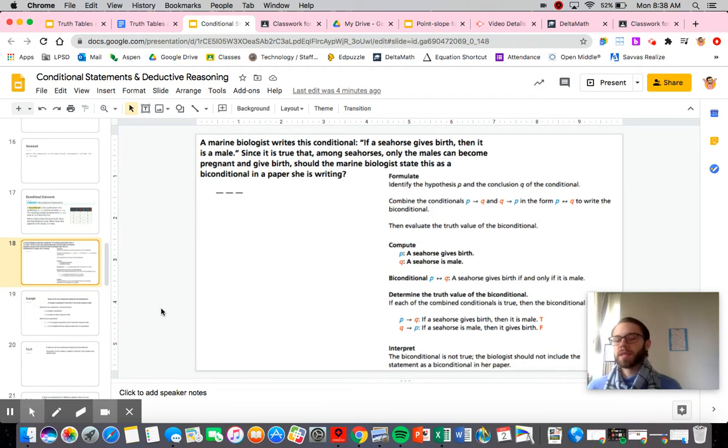We did just say that the conditional itself is true, so we have to look at the converse. If a seahorse is male, then it gives birth, which is false, because we would need to find a counterexample, and that would just take us finding a male seahorse that has not given birth. So even though this seems like it should be relatively straightforward, we cannot write this as a biconditional.